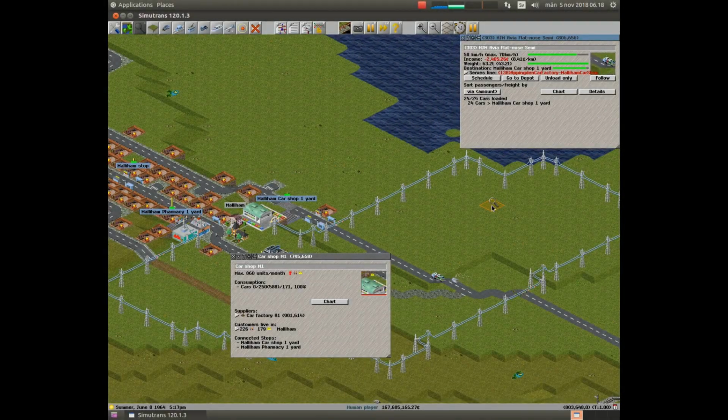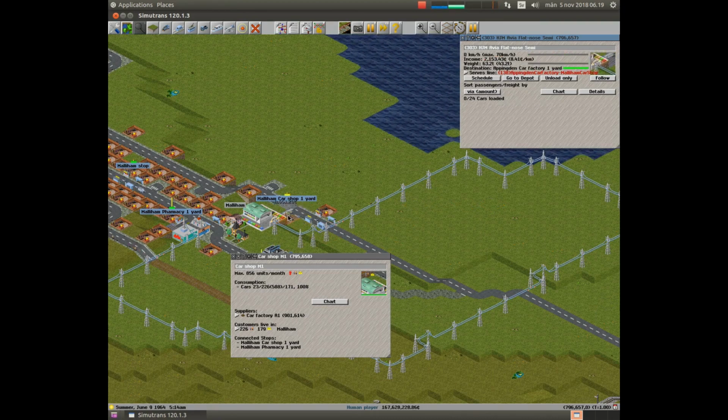This chain is now up and running. There is more I can do, for example adding more iron ore mines, because I need more iron to make more steel. But as you can see, here comes the first transport to the car shop.